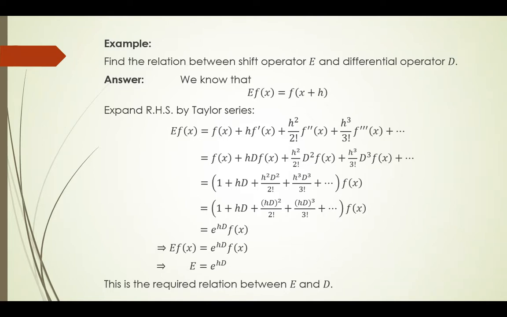That E is equal to e power step size into differential operator. This question was included in previous university papers so many times, and that is a very simple question. Try to remember this example in your mind.